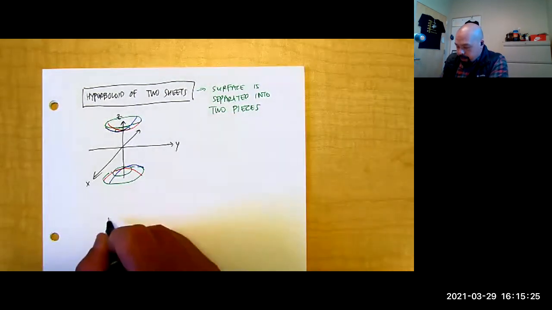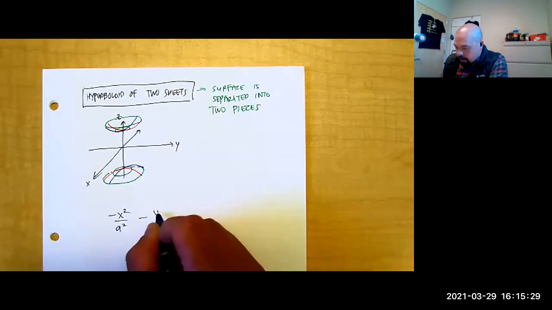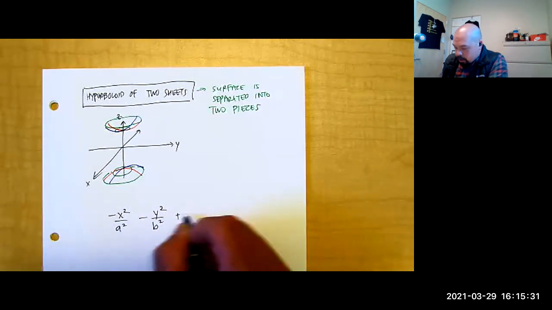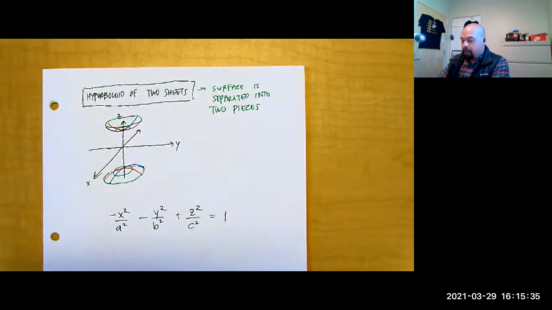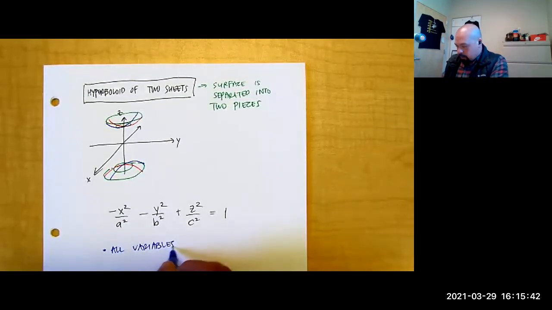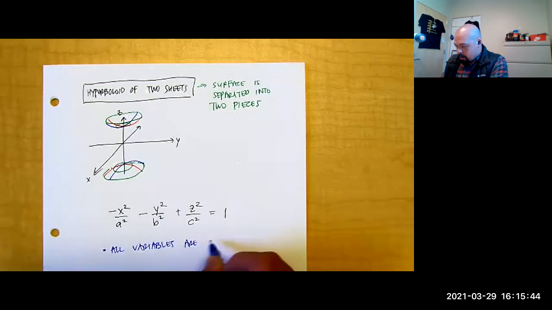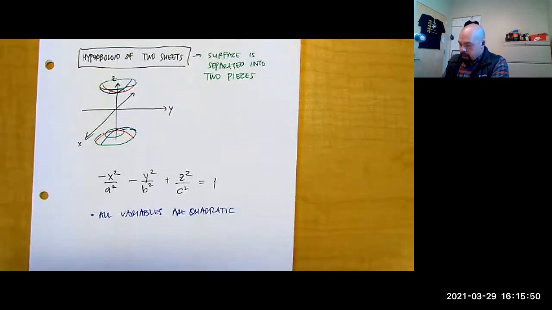That's our equation here. Negative x squared over a squared minus y squared over b squared plus z squared over c squared is equal to 1. So in this case, again, all variables are quadratic, all of them being raised to the second power.